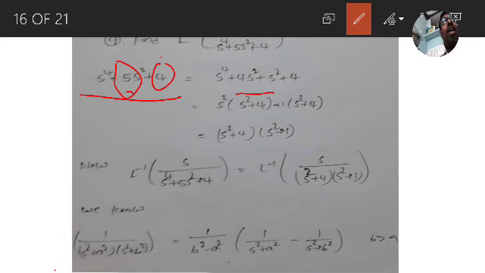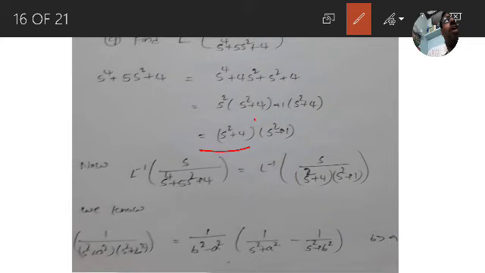So s square common, s square plus 4 plus 1 common, s square plus 4. Now s square plus 4 common, you will get s square plus 1. Now s square plus 4 common here. Now what is the remaining? Here s square, here 1.